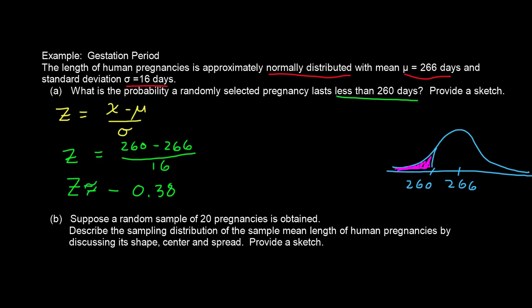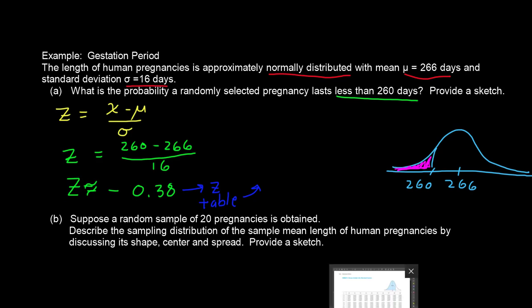But remember, that's not the answer. We can't have negative probability. What we need to do is take that value to the z table. So we're going to go to the z table to find this probability. So we're going to look up negative 0.38 on our z table, which I've got loaded up here.